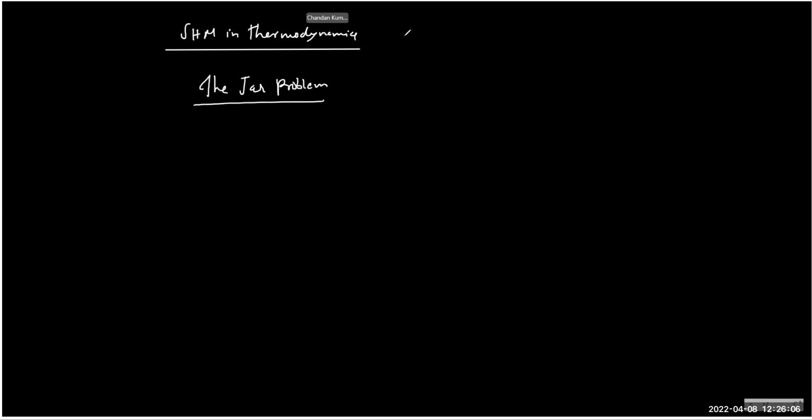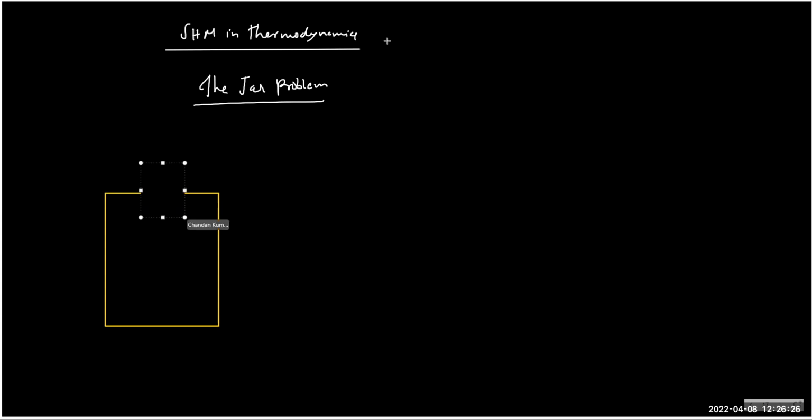So let me make the jar first. We have a jar with a neck, and we are going to assume the neck to be fairly small compared to the jar volume. This is the underlying assumption.